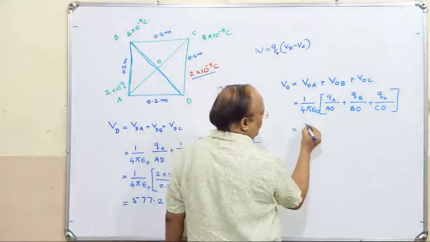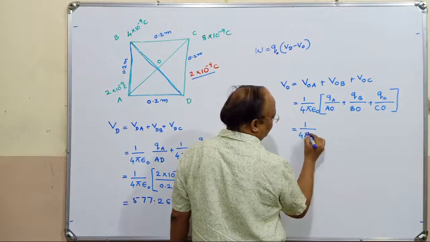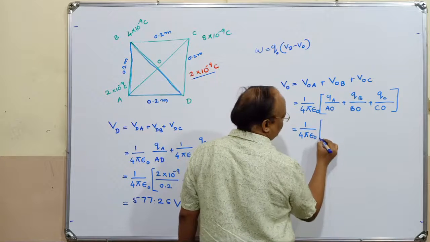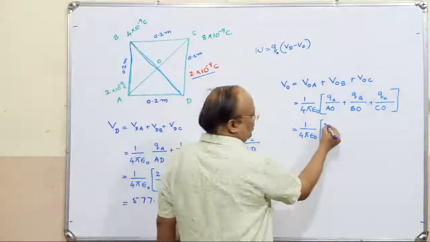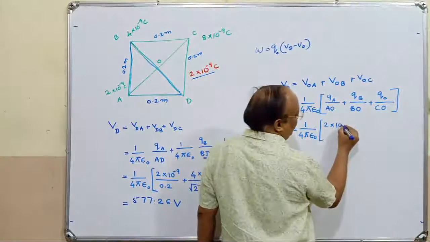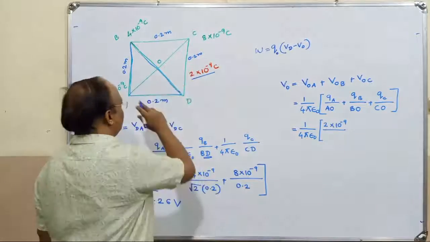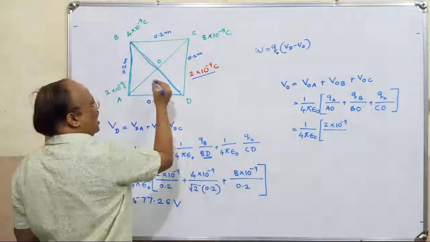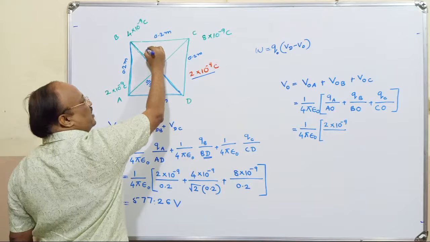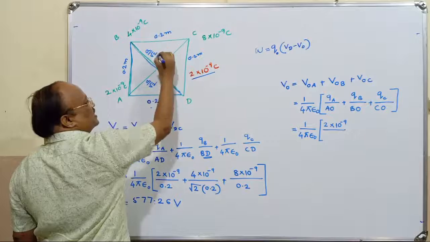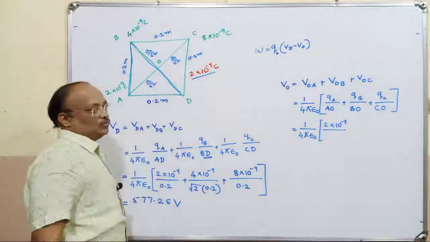So 1 by 4 pi epsilon naught, charge A is 2 into 10 to the power of minus 9 by AO. This AO already just now I found out. It is a by root 2. All these values are a by root 2. If a is the side, it is a by root 2.